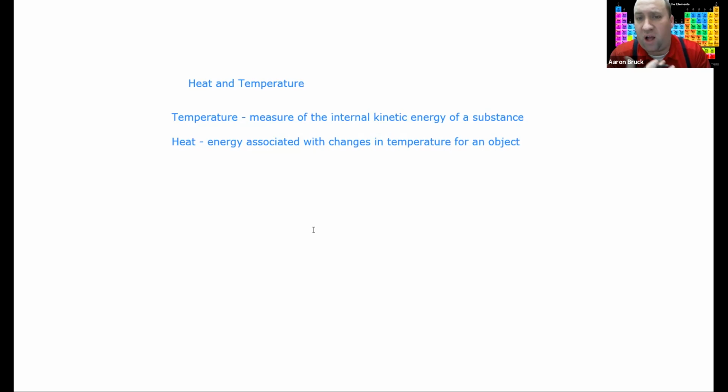Temperature is the measure of the internal kinetic energy. And so when an object increases in temperature, its internal kinetic energy also increases. And when it is cooled, when its temperature goes down, the internal kinetic energy of that substance goes down as well. Heat is the energy that is associated with those temperature changes.